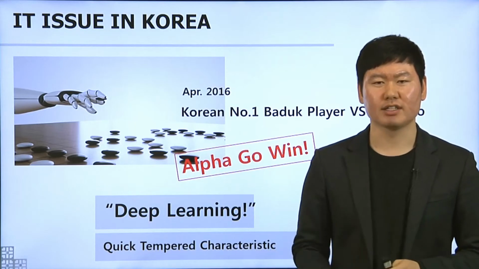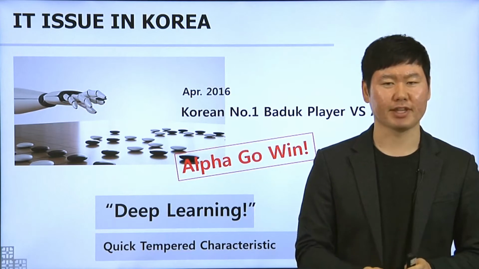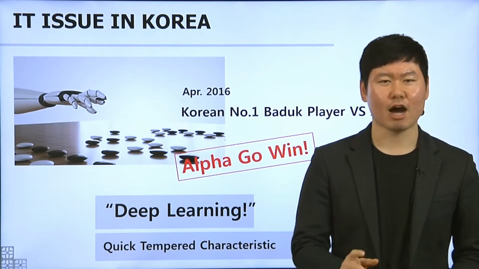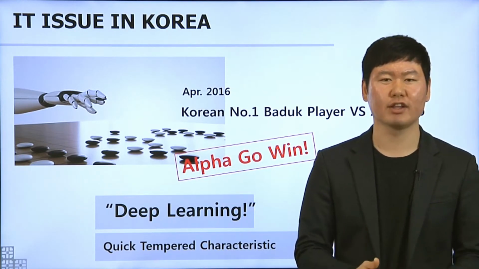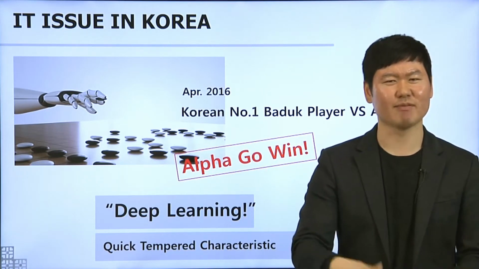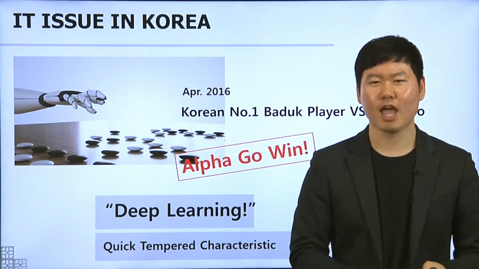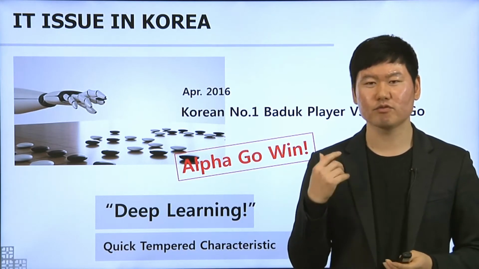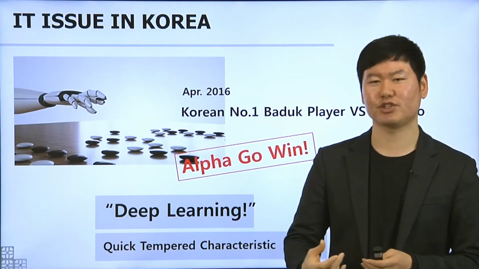Korean people thought Baduk was a game for smart humans, and that no one could win steadily. However, AlphaGo has new technology, deep learning, to study by itself. I'm not sure whether to call it himself or herself. Anyway, all Koreans were shocked. Koreans realized the machine can study and think like a human.